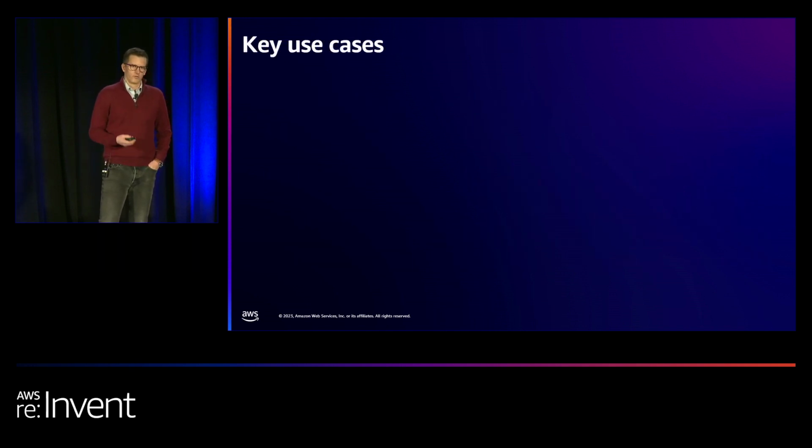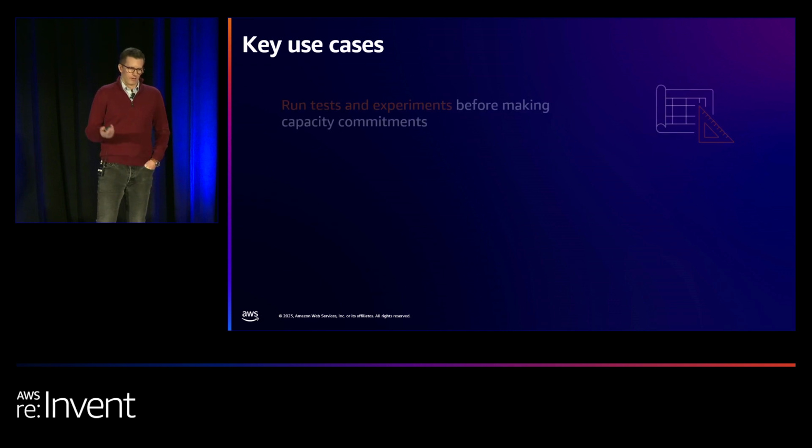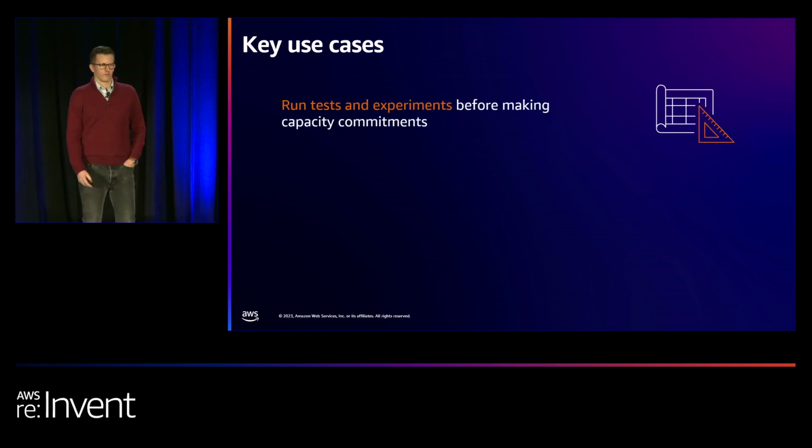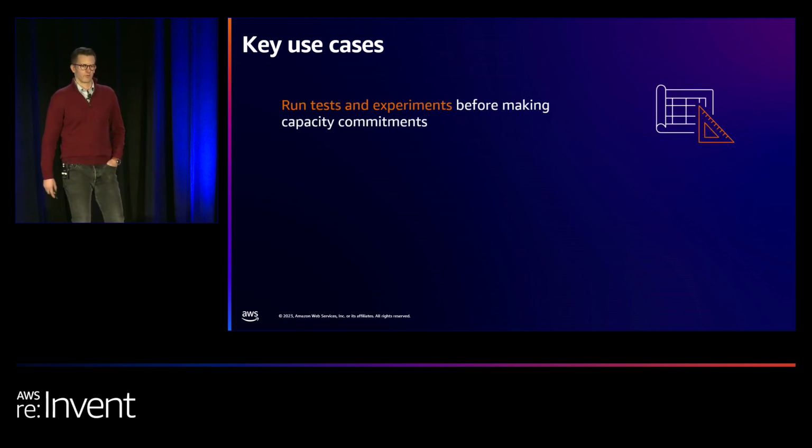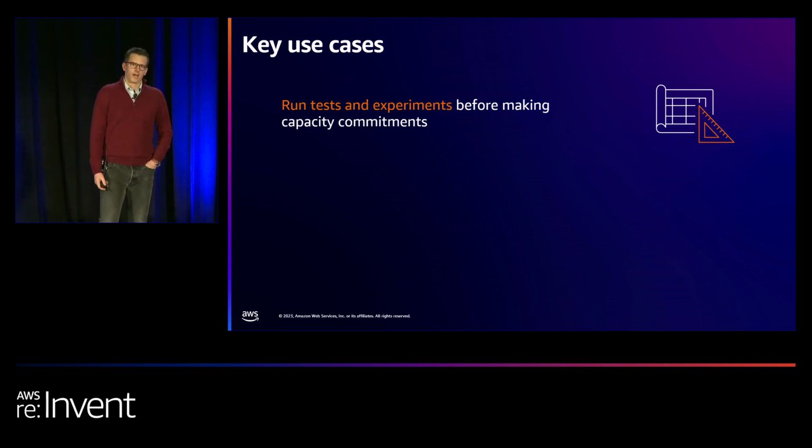Capacity blocks are super flexible because we offer a range of duration and size options, so they can fit a bunch of different use cases. For example, you can reserve as few as a single P5 instance for up to 14 days, which is useful if you just want a single instance for a set of experiments or tests that you want to run.